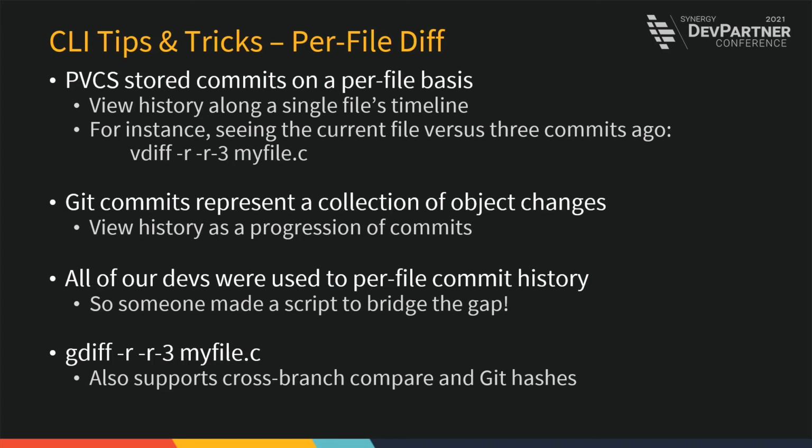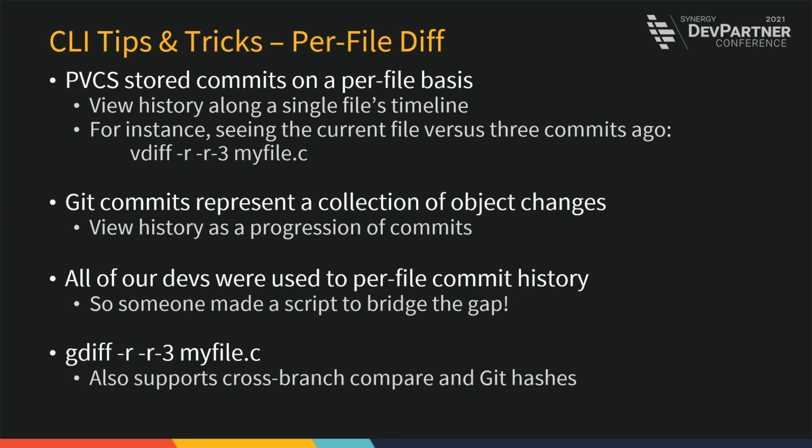Git revisions, on the other hand, represent a collection of object changes, not just a single file. So when you view the history, you see the progression of commits of the whole source repository, not just one file. Even though Git has its own head -1 syntax for referencing the commit before the current head, that will not necessarily have a change for a particular file. In fact, it is most likely not going to have a change for your particular file.